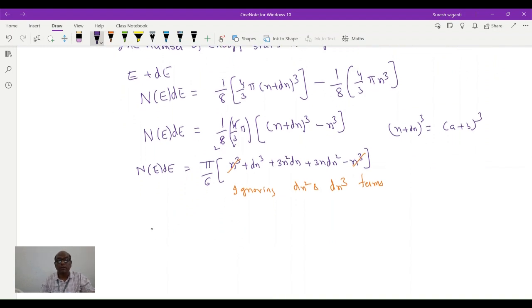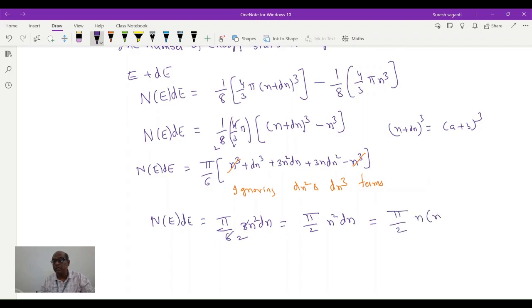N of E dE is equal to pi by 6 into 3 n square dn. So 3 ones are 3, 3 twos are 6, it is going to be pi by 2 into n square dn. Further, the same can be written as pi by 2 into n into n dn.